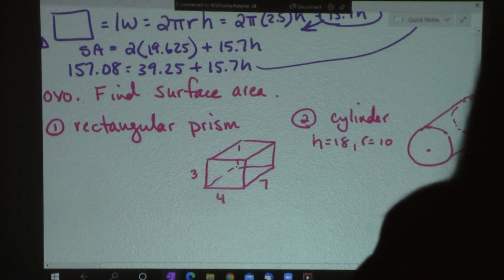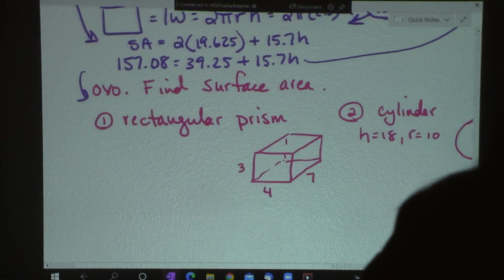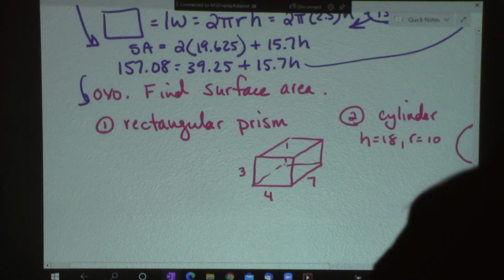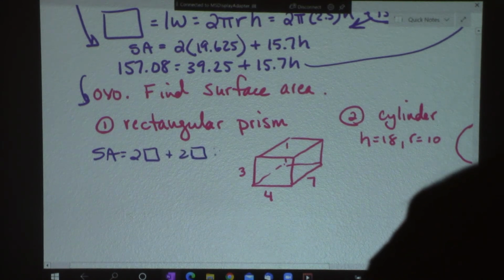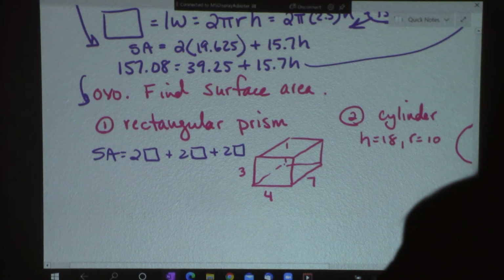Okay, so let's write out the plan for the rectangular prism. That would be the surface area is 2 squares plus 2 rectangles plus 2 more. So in this case, this one here is going to be the same as the one in the back, right?